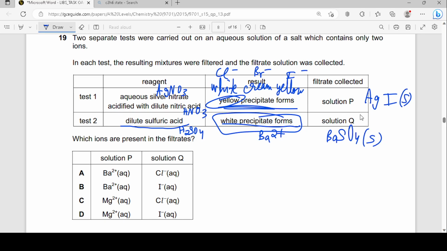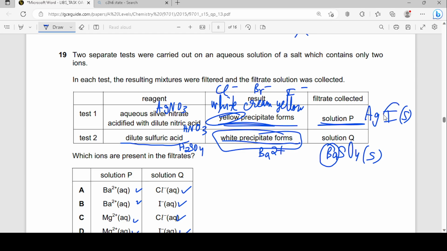And this is BaSO4 solid. So in solution P, the options are Ba2 plus, Mg2 plus, Cl minus, I minus. So basically, I would assume that for this salt you have Ba and I, right? So Ba2 plus and I minus.